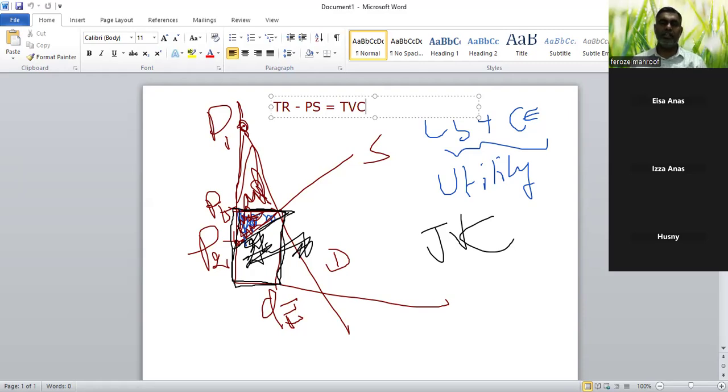Another method to calculate producer surplus is total revenue minus total variable cost. From the full total revenue, if you subtract producer surplus, you will get total variable cost. Did you understand?